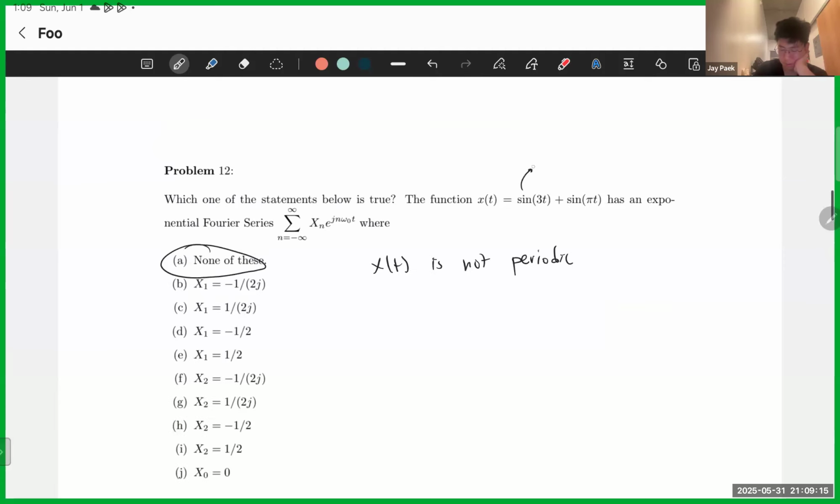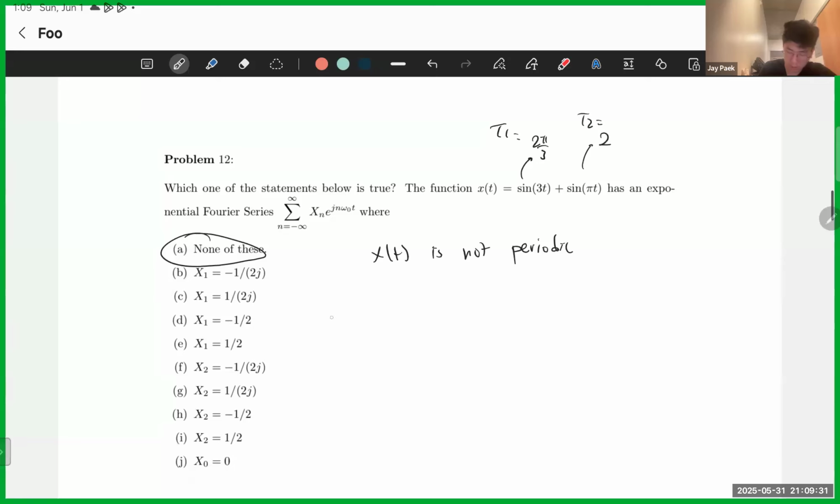It's because this has period 2 pi over 3, and this has period 2, and the ratio between the two periods, let's say this is T1 and T2, is irrational. Therefore, it's not periodic, and we're done.